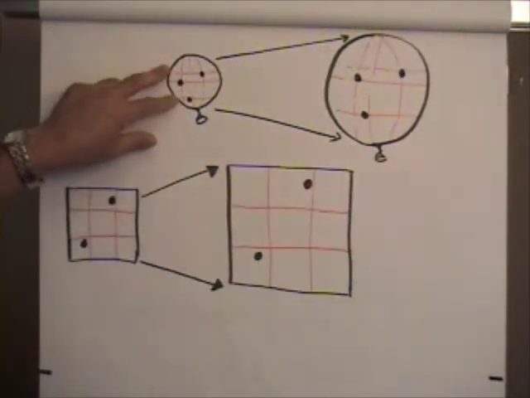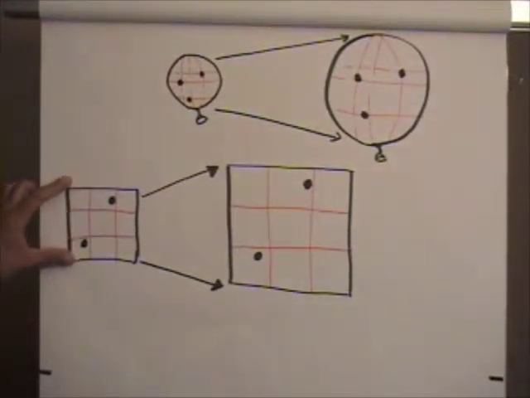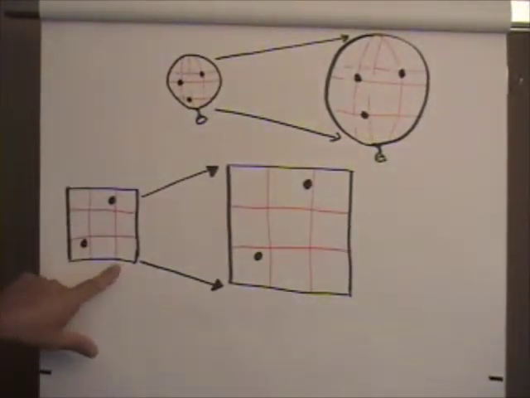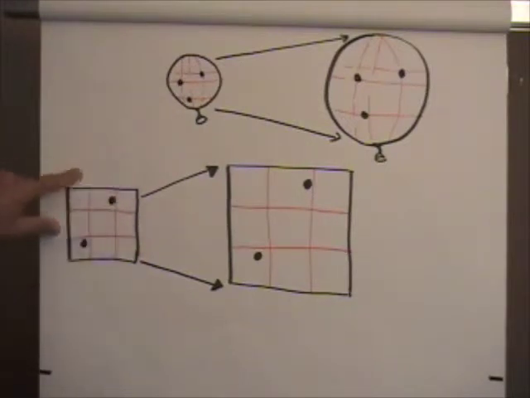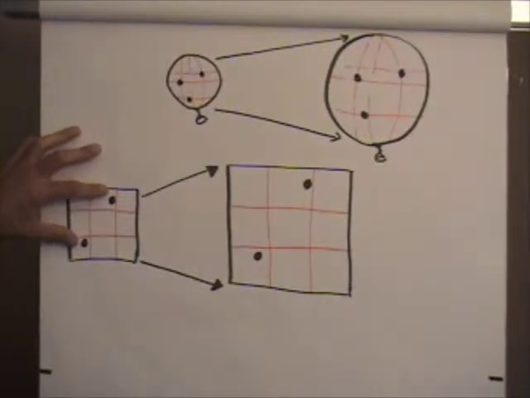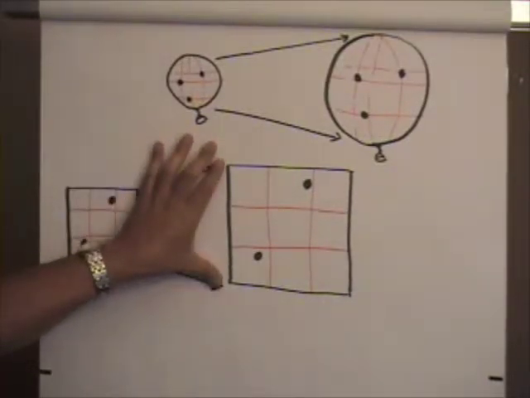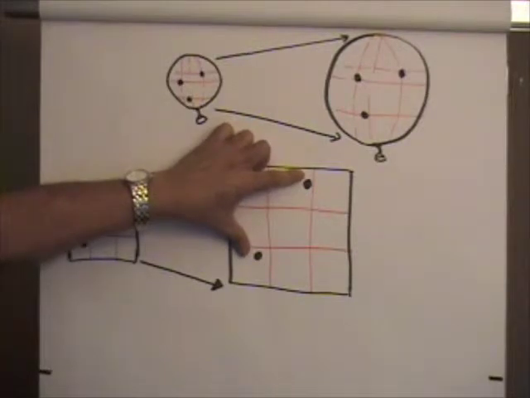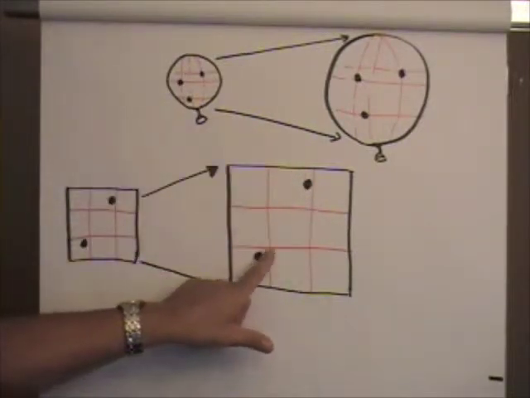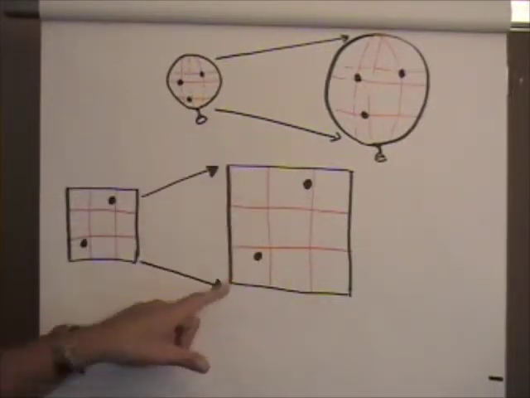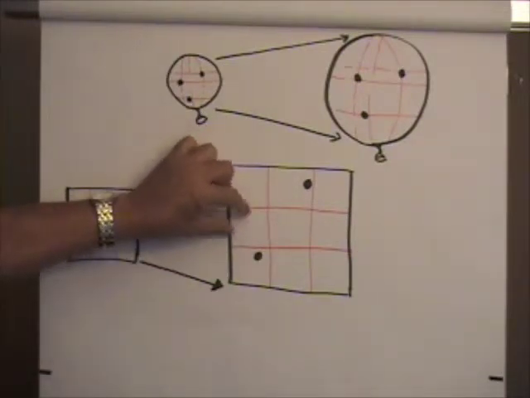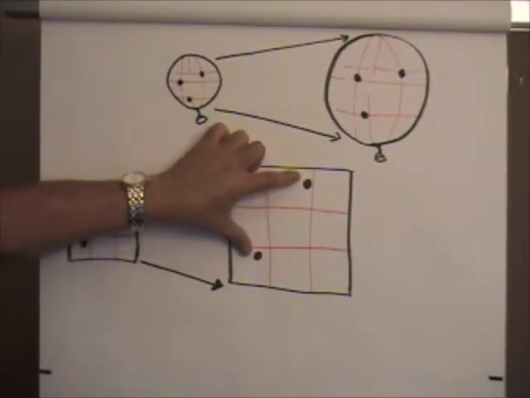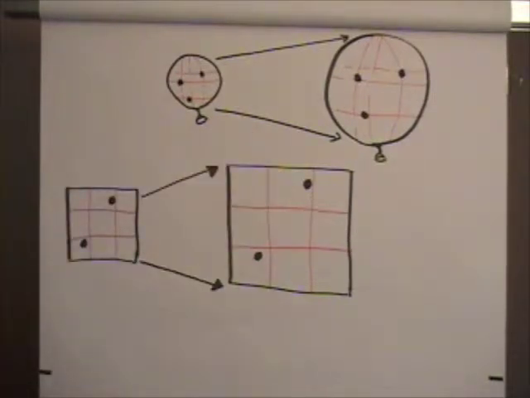If we draw that on a flat diagram, we can look at it this way. Here's an area of space with two objects, like galaxies. As the space expands, the objects retain their position on the grid lines, but their distance between them also expands as the space expands.